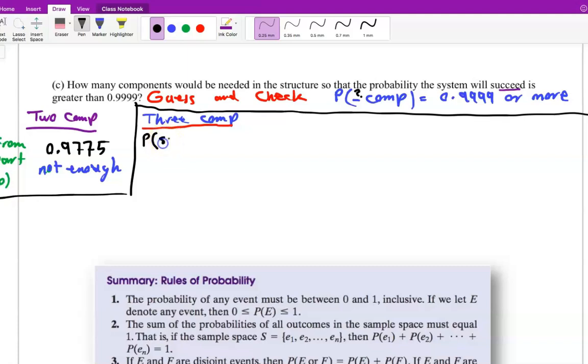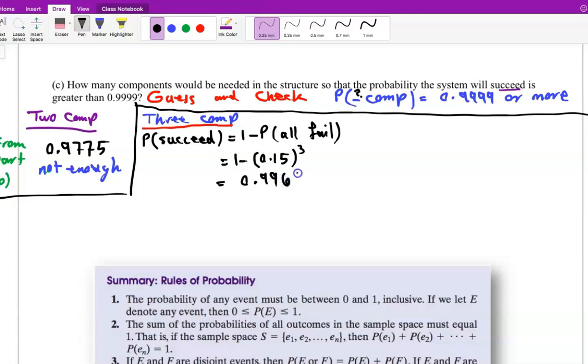So the probability of succeed is equal to 1 minus the probability of all fail. Since we have 3 components, now we have 1 minus 0.15 to the 3rd power. And that is 0.99663. Again, it is not enough.